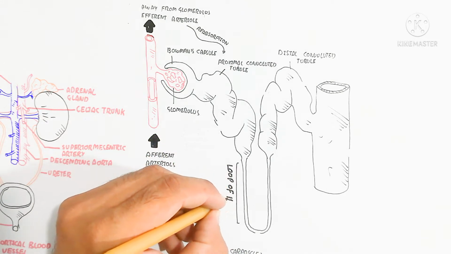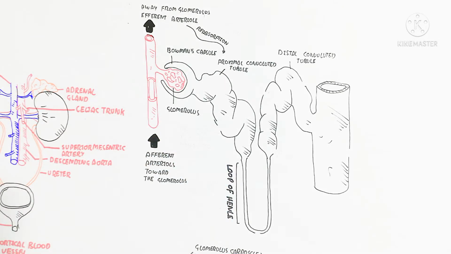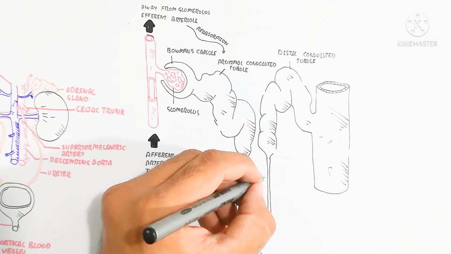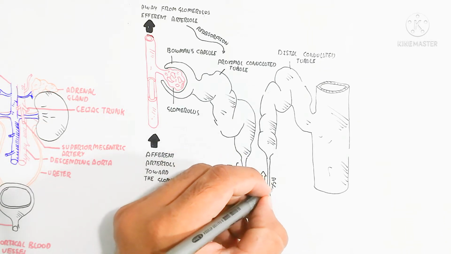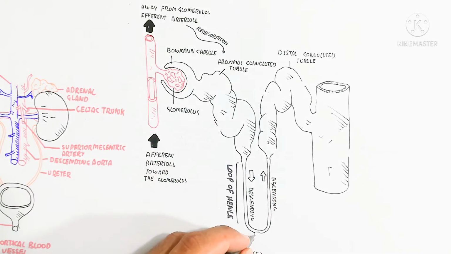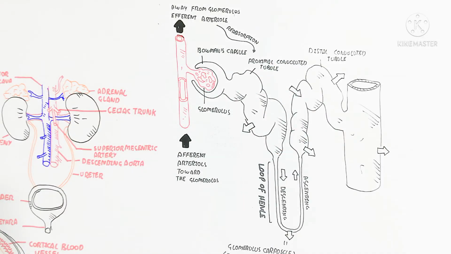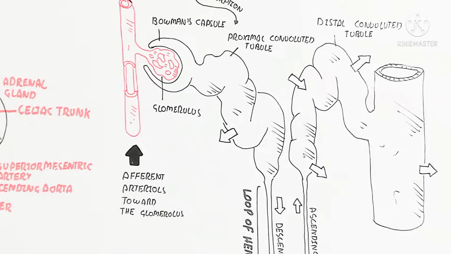Here is the collecting duct, which opens into the papilla and pelvis, from the major calyx to the minor calyx and into the pelvis, and then into the ureter. Here we will discuss reabsorption first.